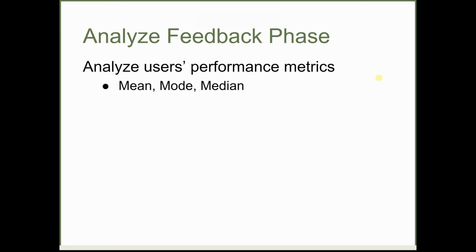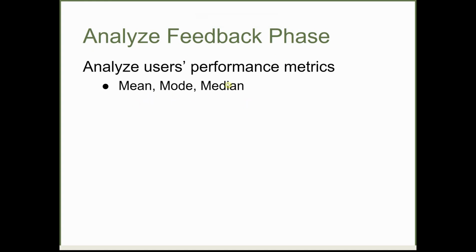And then you will also have the users' performance metrics. As I told you, the performance metrics could consist of the number of tasks that were completed successfully, the number of errors that were made, the amount of time that was spent on certain tasks, and the types of errors that users made. You might end up doing some quantitative analysis, a very simple kind of analysis where you just report the mean, mode, or median.